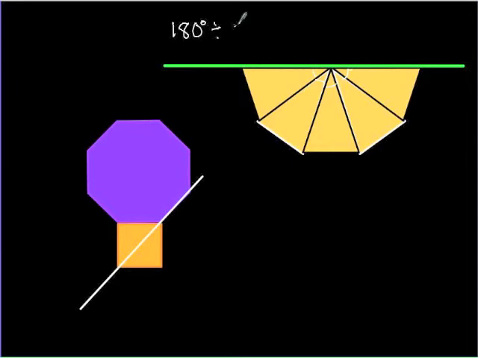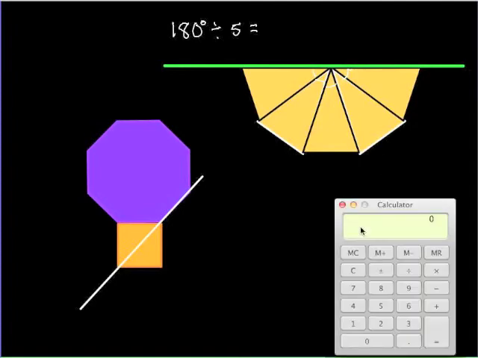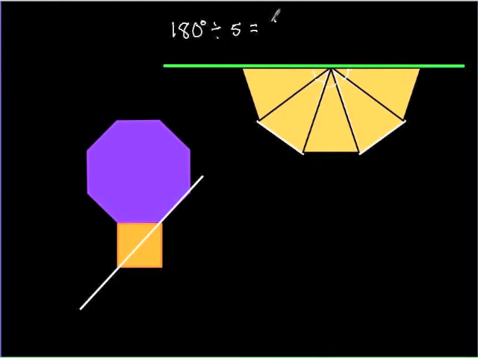So we're going to go 180 divided by 5 equals, and we'll pull up our calculator here. 180 divided by 5 equals 36. So each of these angles is 36 degrees.